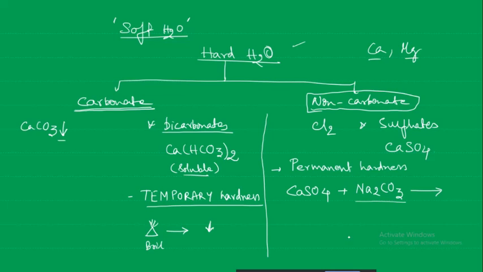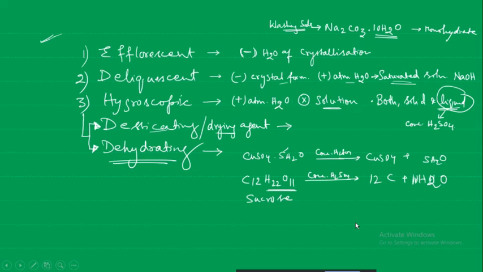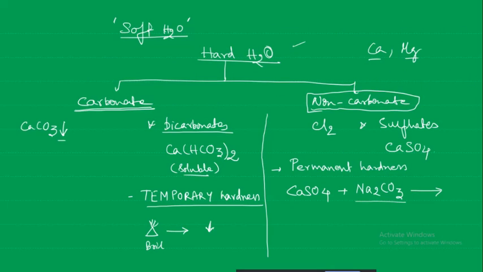We cannot call. Hydration should be there. Decahydrated, 10H2O. Okay. If that is there, then we say that it is the washing soda. If it is not there, it is an anhydrous form. Then we say it is the soda ash.